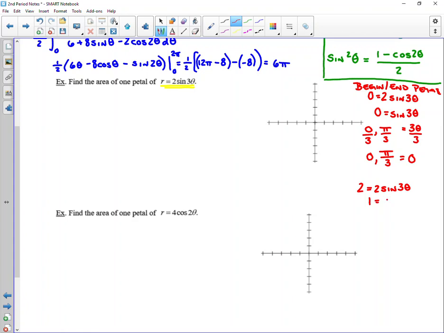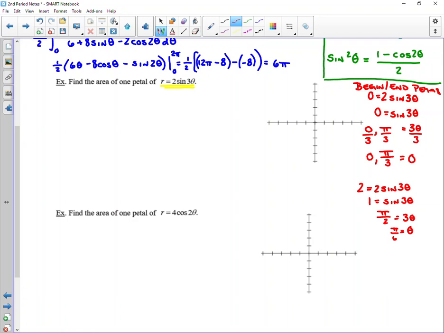So 1 equals sine 3 theta, then sine is 1 at pi over 2, so theta equals pi over 6. So that's where one of the petals will be.